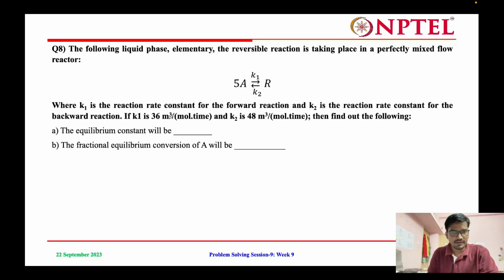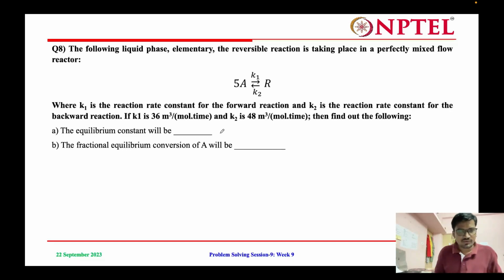If K1 is 36 meter cube per mole per time and K2 is 48 meter cube per mole per time, then find out the following. So here K1 and K2 are given. You have to calculate the equilibrium constant and then the fractional equilibrium conversion.